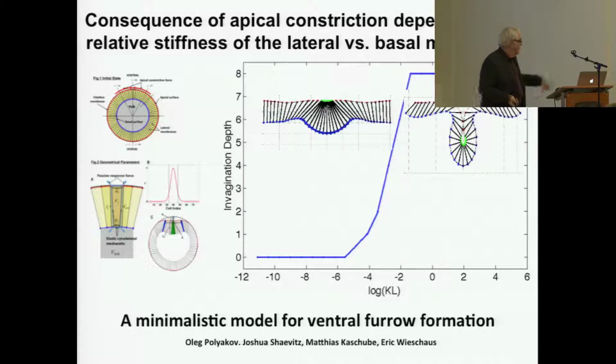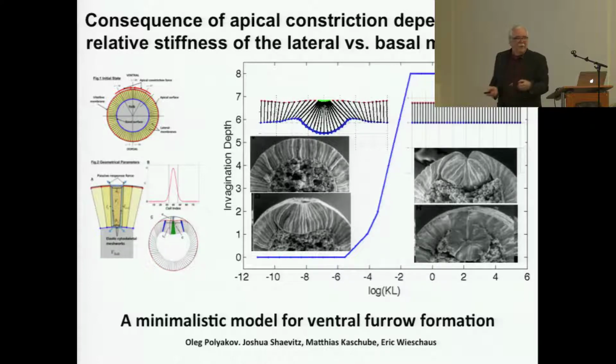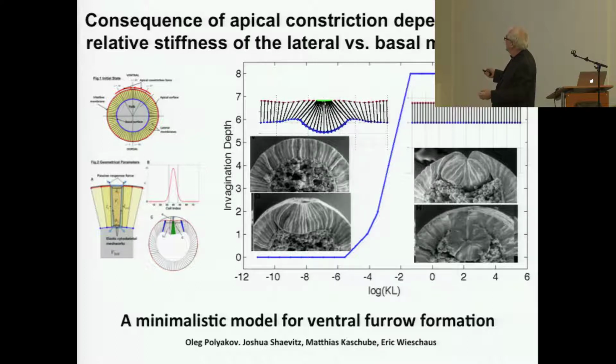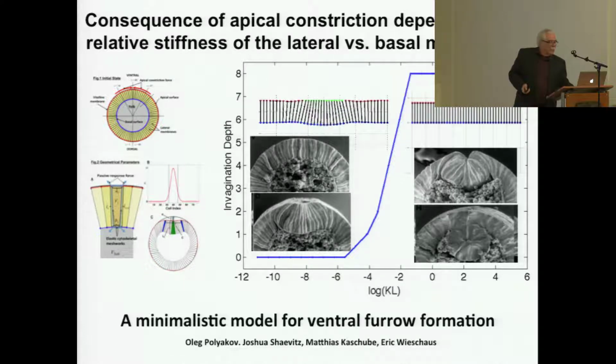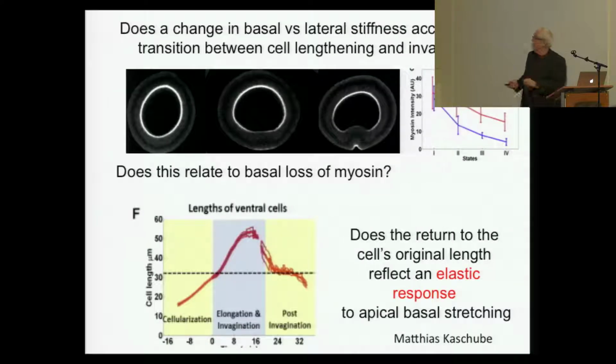And then Oleg said, no, wait a minute. We have this sequence, and maybe the first part is characterized by a softness of the lateral membranes, and then the second part is more similar to what would happen with stiffer lateral surfaces. So Oleg suggested that maybe we can understand this additional next step as a change in relative stiffness, a transition.